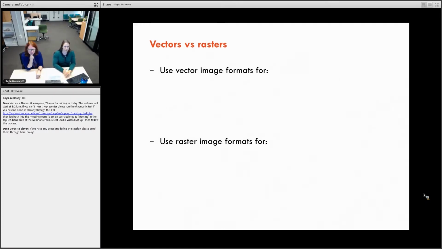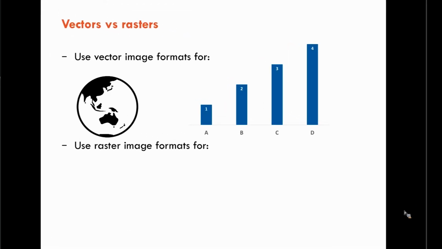Vector images are really good for when you have drawn style visuals, so things made up of lines, shapes, blocks of color, things like that. A lot of your plots or graphs would tend to be a good choice for putting in vector format. The file formats that you'll probably see here would be PDF, which you're probably mostly familiar with.